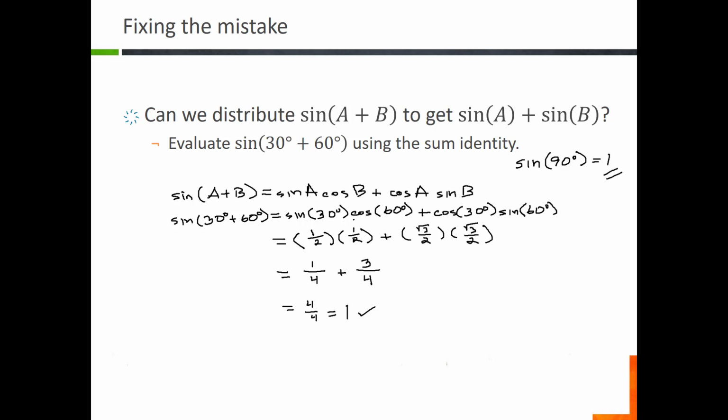So usually the a and the b should be numbers on the unit circle. So pi over 3, pi over 4, pi over 6, 30, 45, 60 degrees, right? And then we can compute that, and we can get these exact values, okay? And they should match up.